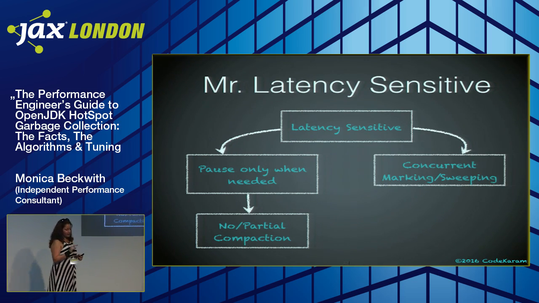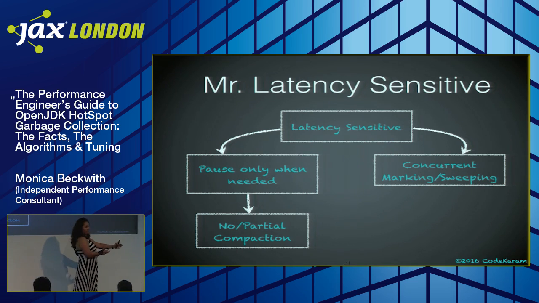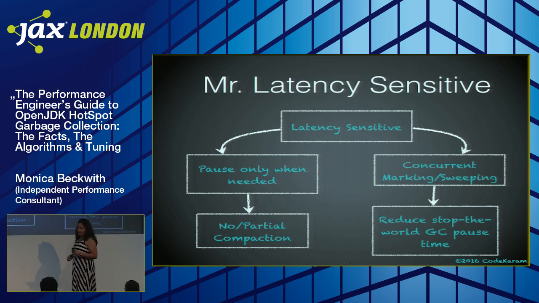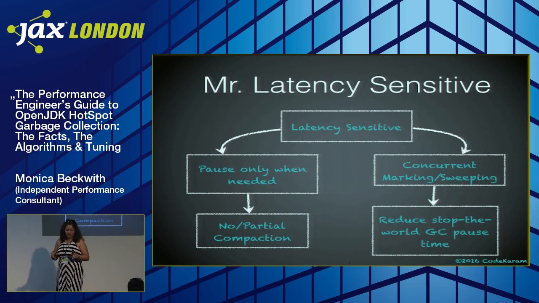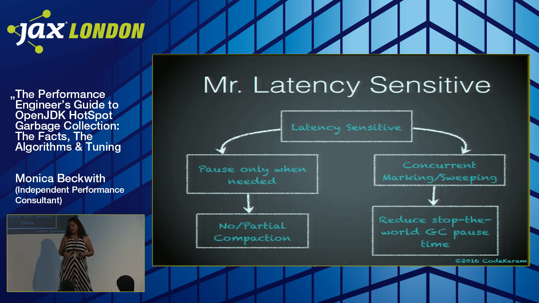Okay, the other part of it is doing work concurrently. If you're not pausing, how are you doing the garbage collection work? You're doing it concurrently. It works with your application. In OpenJDK HotSpot, even with the concurrent component, you still have some stop-the-world pauses, but it reduces the time that you would have spent in the stop-the-world pauses.